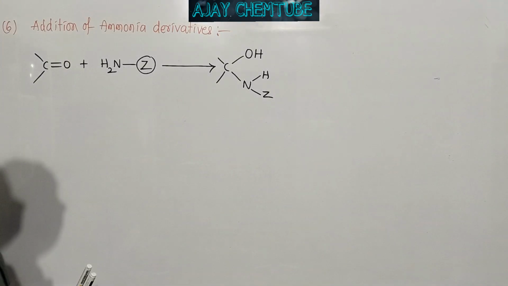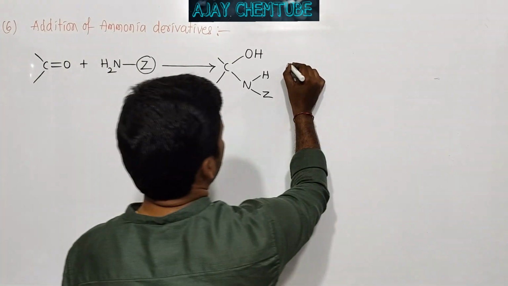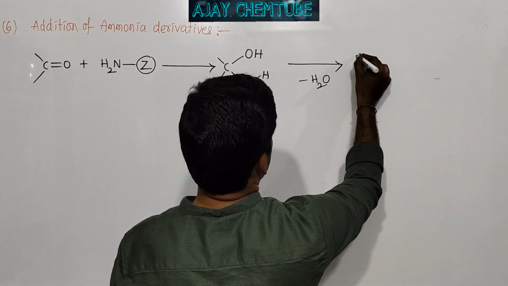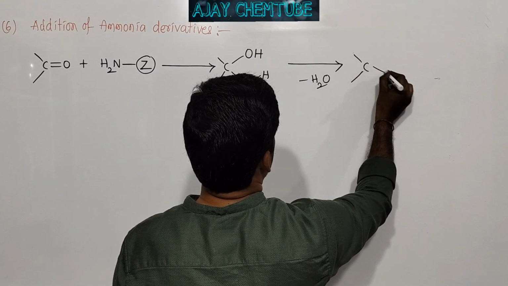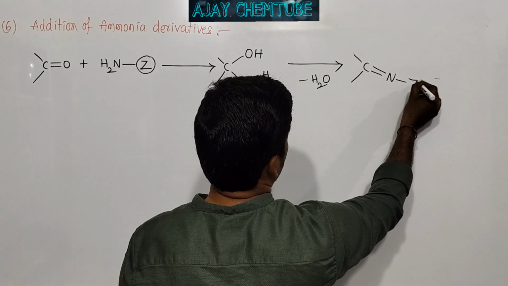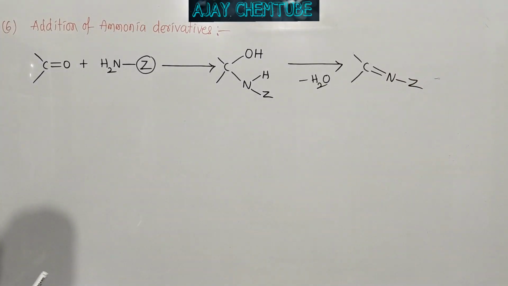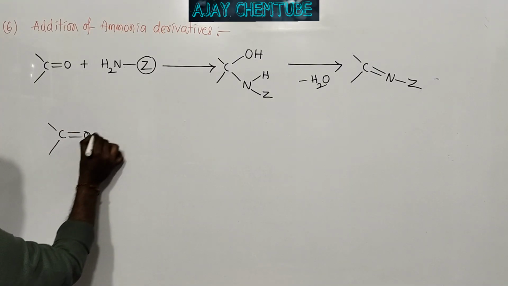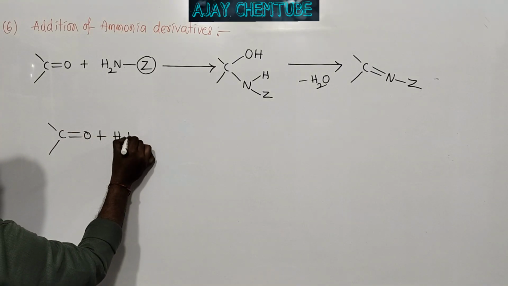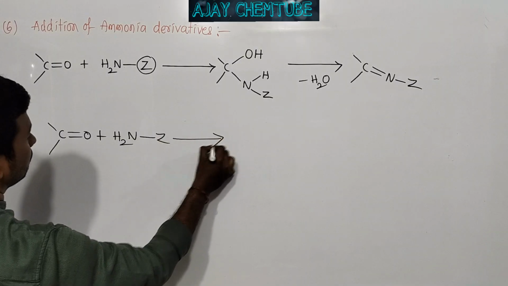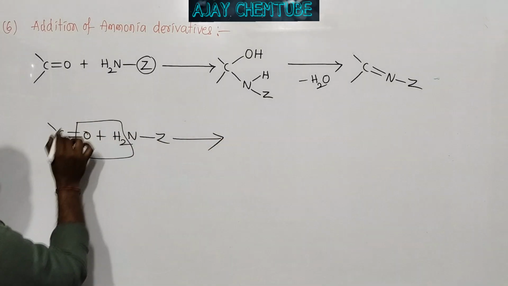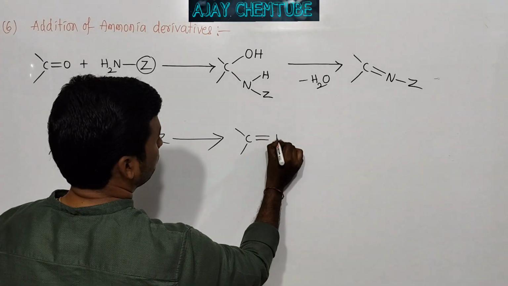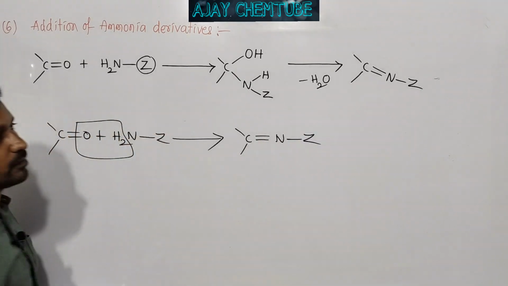Step 1. Then after that, elimination of H2O, then this becomes NZ. If you see directly, this reaction looks like direct elimination of water. Take this one and put a double bond here, NZ. Same or not? Yes, same.